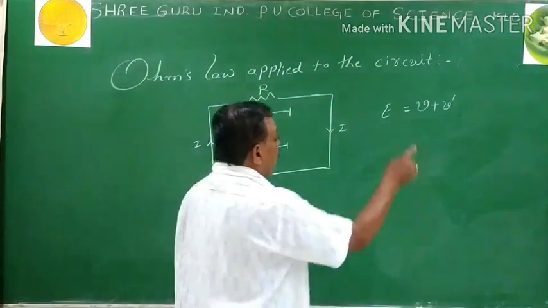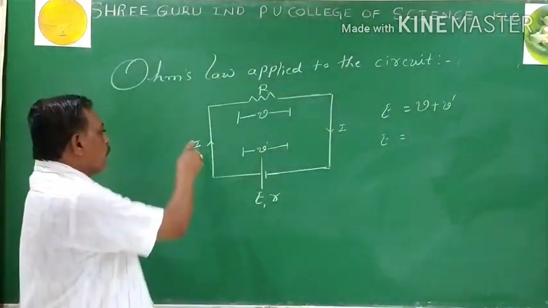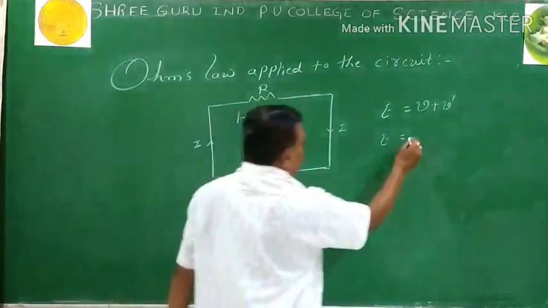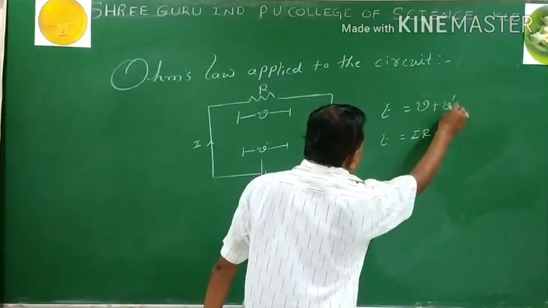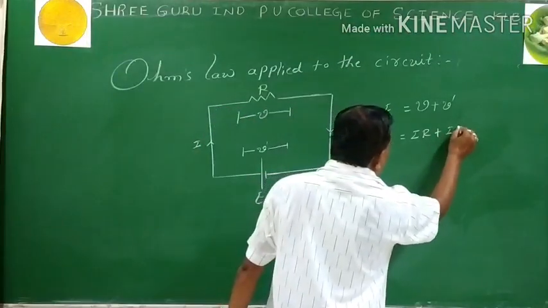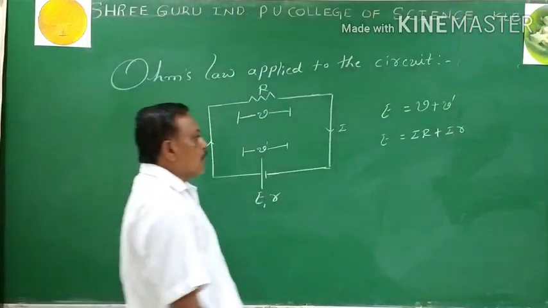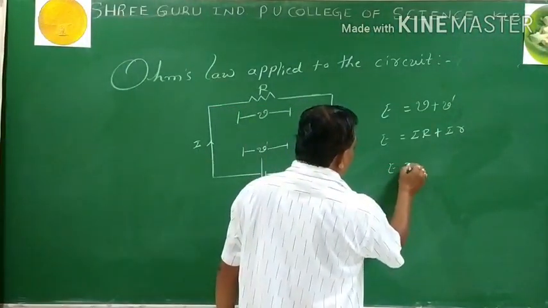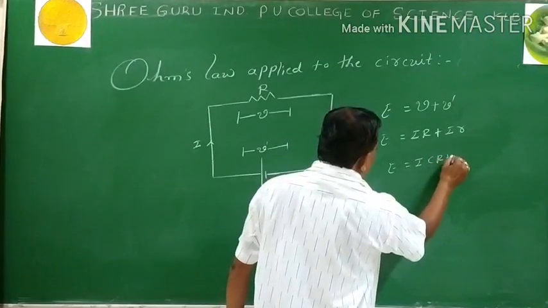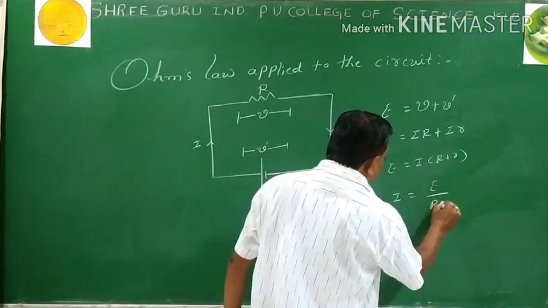Then I go for representing V and V dash. V equals the product of current and resistance, that is I into external resistance R, and V dash equals the product of current and internal resistance, I into small r. Then I take the common I: E equals I into R plus r. Then I make the equation I equals E divided by R plus r.